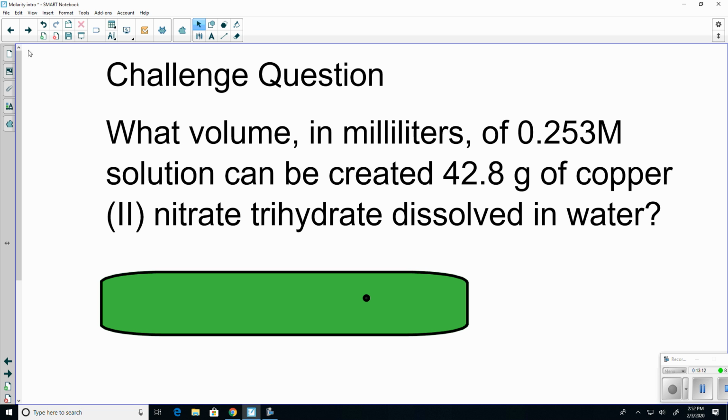If you remember our triangle, moles divided by molarity will get you to liters. And from there, you can convert to milliliters. That is a mouthful of a problem. But once again, if you want to take a minute or two to try to solve this, the substitute teacher can pause the video if we have time.